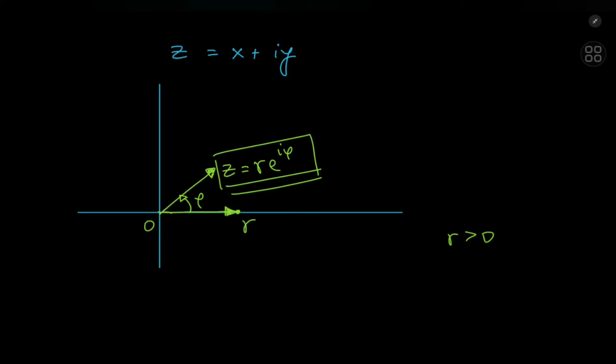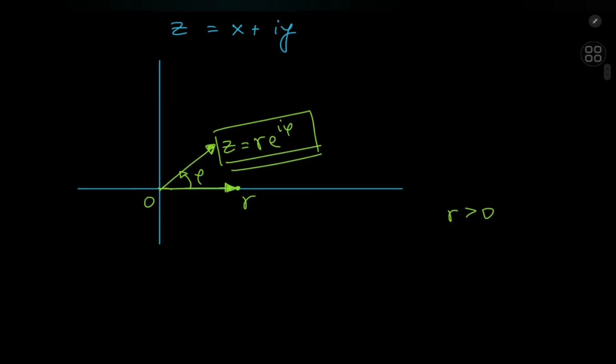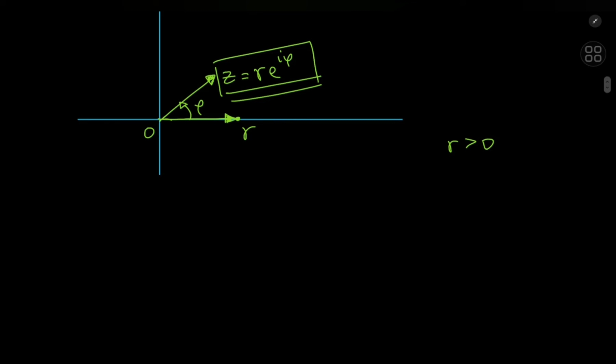Now let's study r and phi as functions of the complex input z. Starting off with the r variable, well, we know that the length of a vector is invariant under a rotation, right? Vector lengths are unaffected by rotation. So that means the length of this vector is still r.